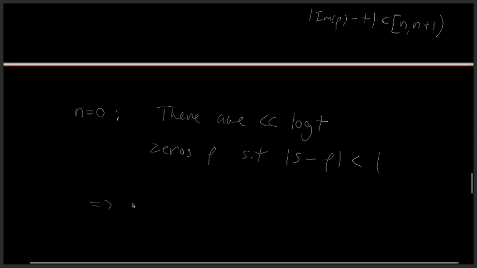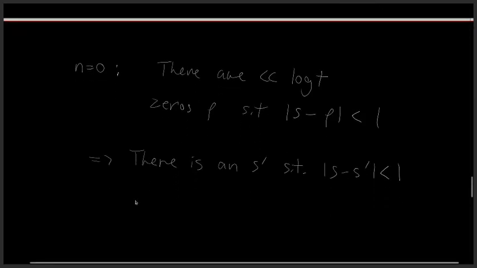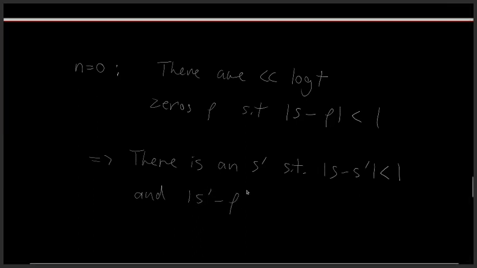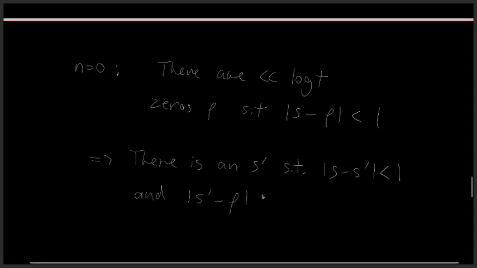So that means that there is, say, an s prime such that the absolute value of s minus s prime is less than 1, so a point near s, such that this holds, and the distance from s prime to any zero rho is more than 1 over log T, for all zeros rho.